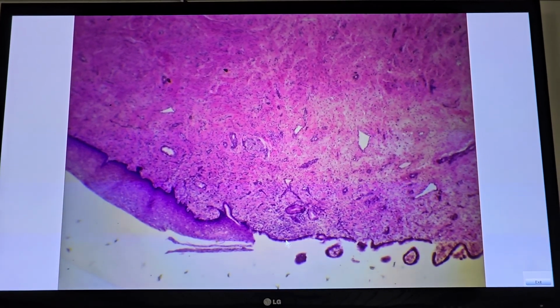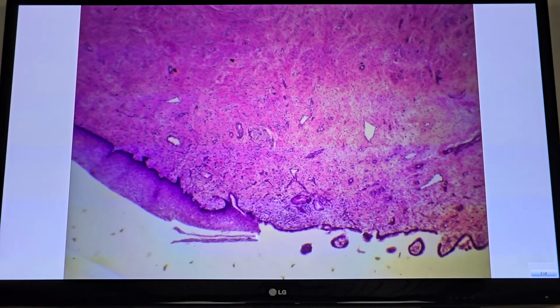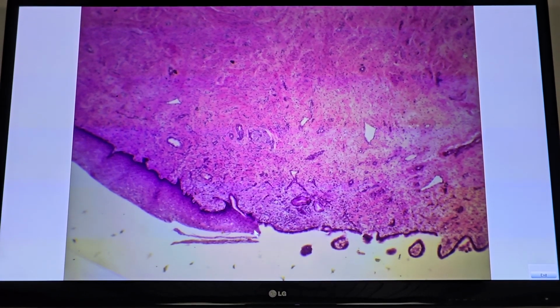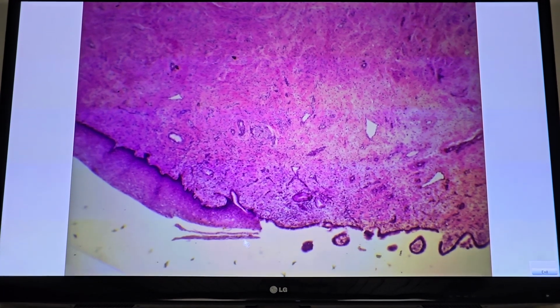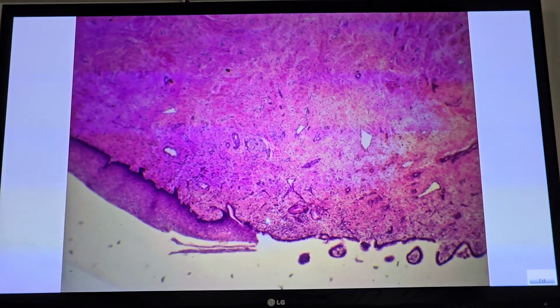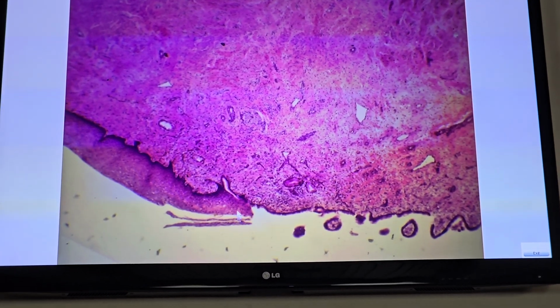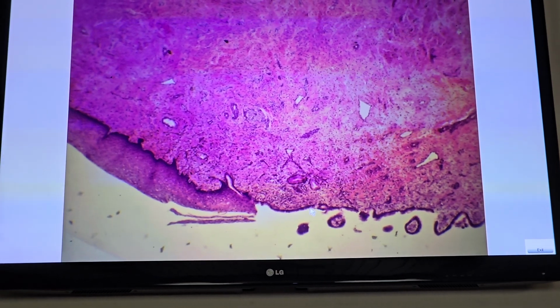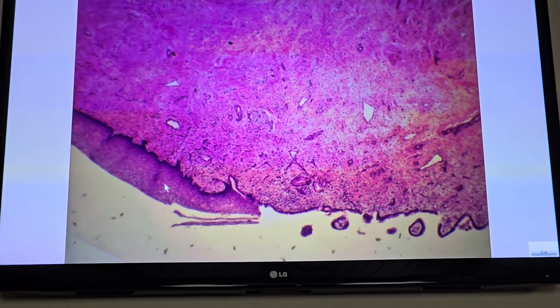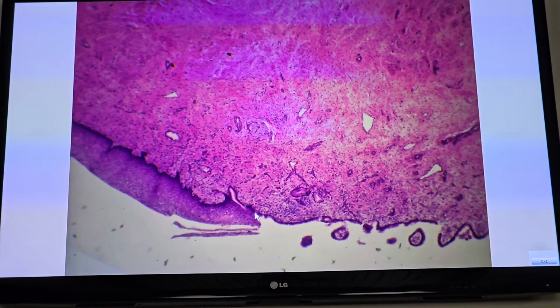The junction between endocervix and stratified squamous epithelium called transformation zone or transformation area. Endocervical mucosa, exocervical mucosa. Junction, transformation area.